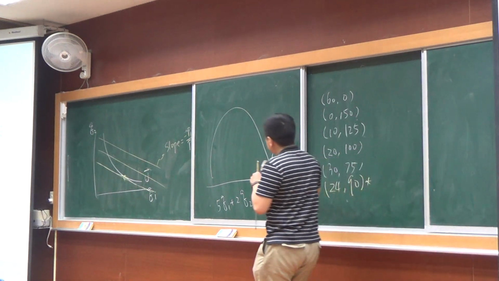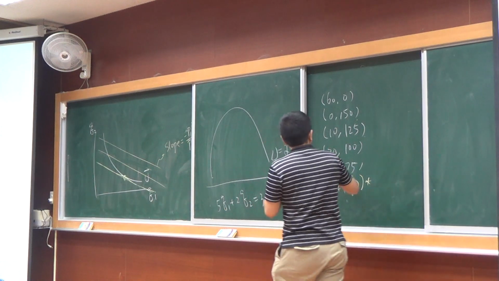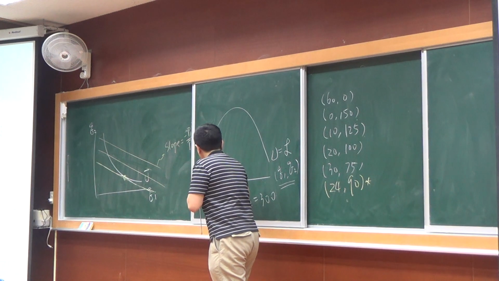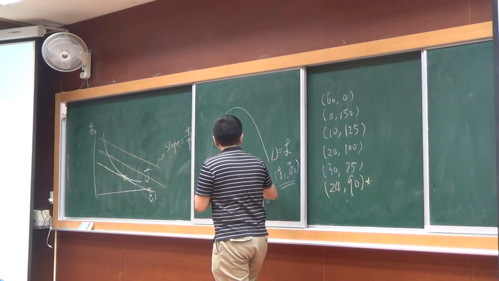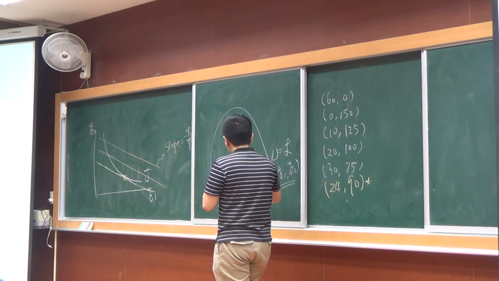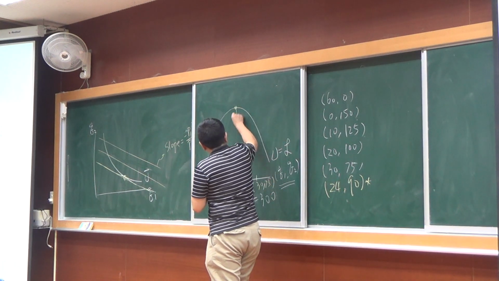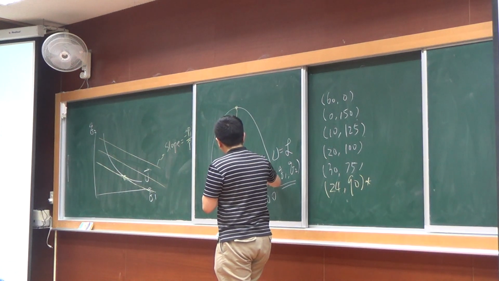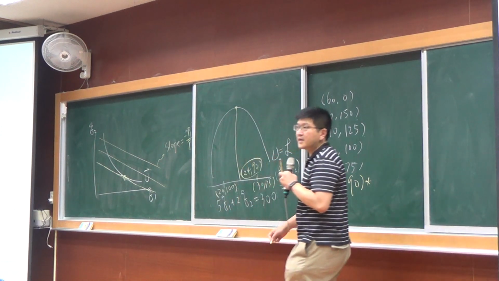So you may choose on the plane either, say, 20, 100, or 30, 75, or this would be 24, 90, right?